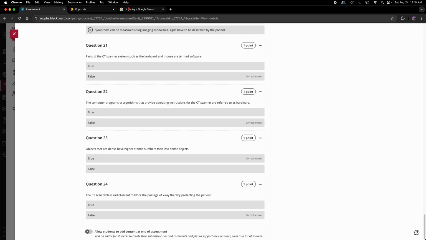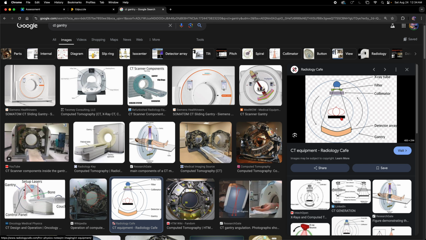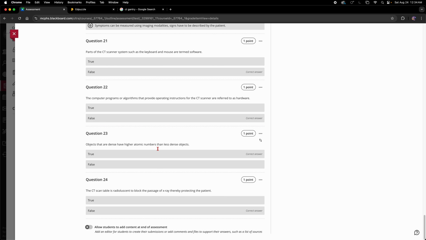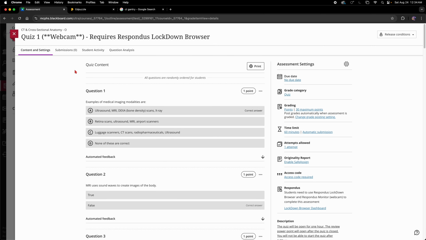The CT scanner table is radiolucent because the X-ray is passing through the table and the patient to create the image. The X-rays are passing through both of them, the patient and the table, to get to the detectors to give you the image. And that's the last one. Pretty straightforward, I think.